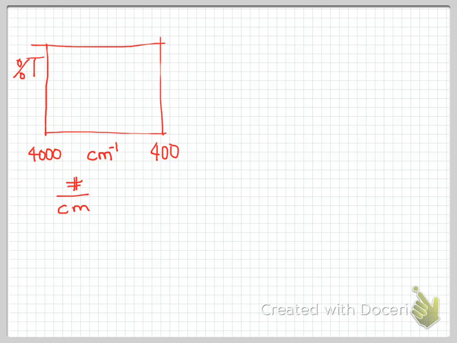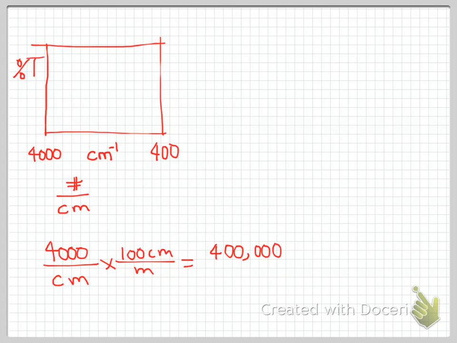So 4,000 centimeters to the minus 1, if you wanted it in standard SI units, which are meters for wavelength, then you would say, well, I have 4,000 per centimeter. There are 100 centimeters per meter. So that comes out to be 400,000 per meter.